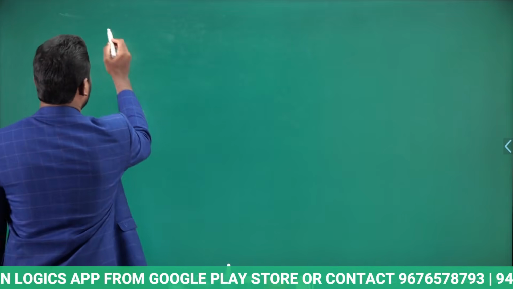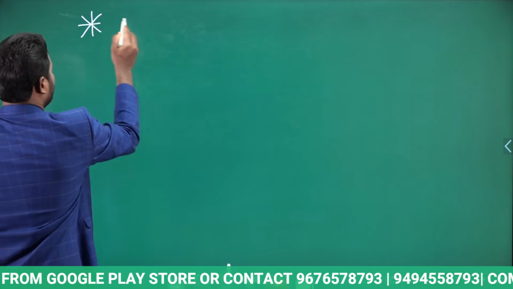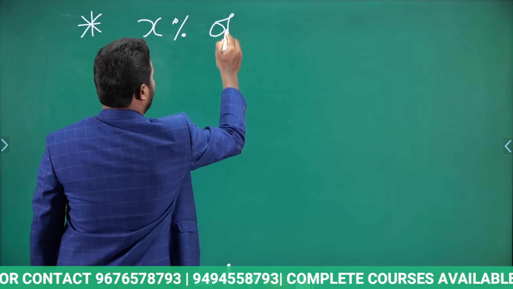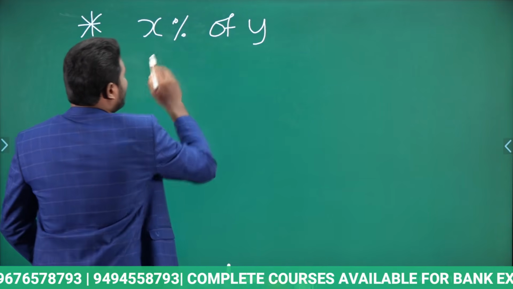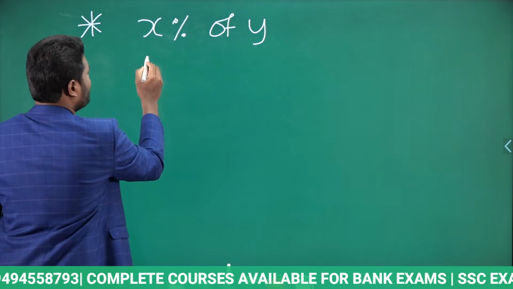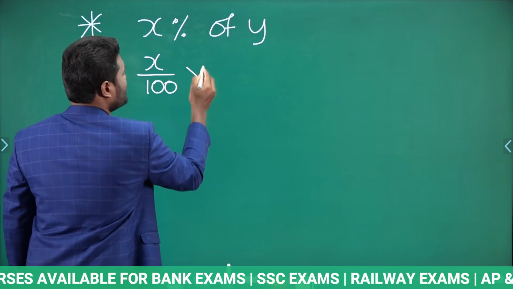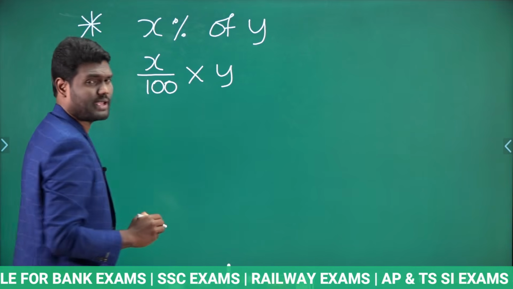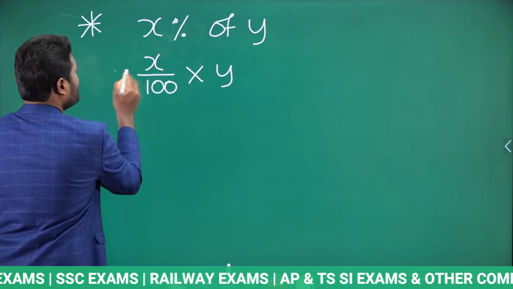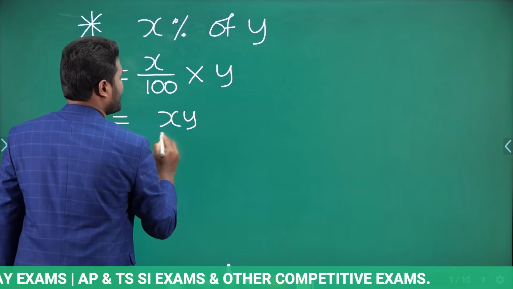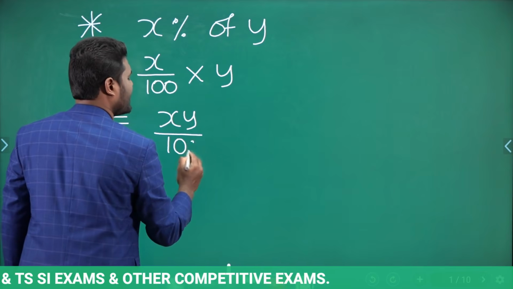Let us take an example: I have a statement, x percent of y. Now, can I write x percent of y as x by 100 into y? Now, if I multiply this, it is going to be xy by 100.